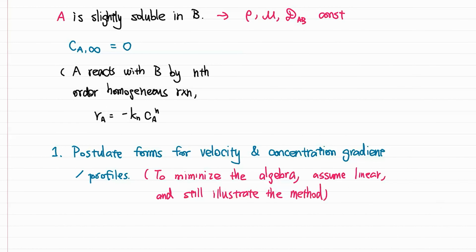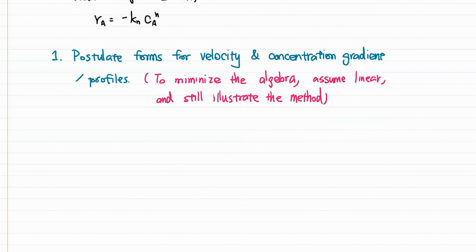So to illustrate the method, we are simplifying our guess to a linear profile, but in reality, we know that it might not be that linear. It might be curved. Okay, so if we consider it to be linear, then we can postulate the following, right?